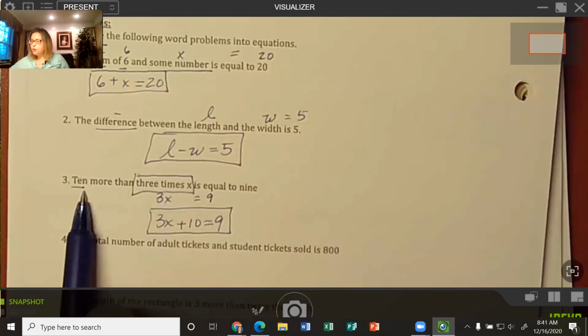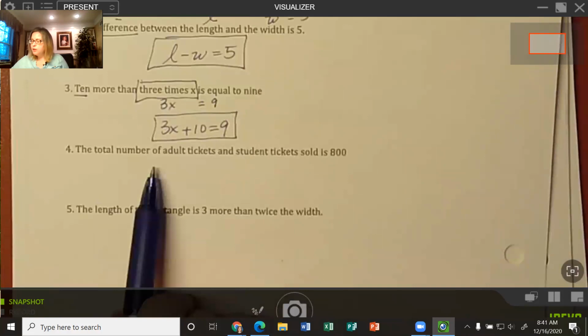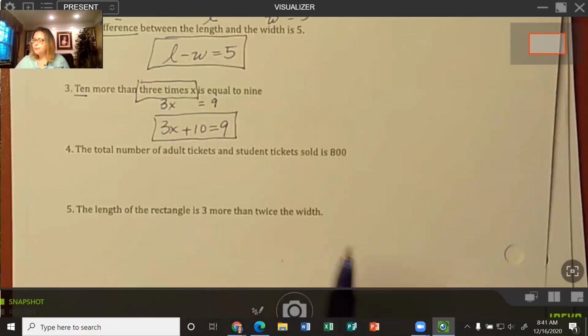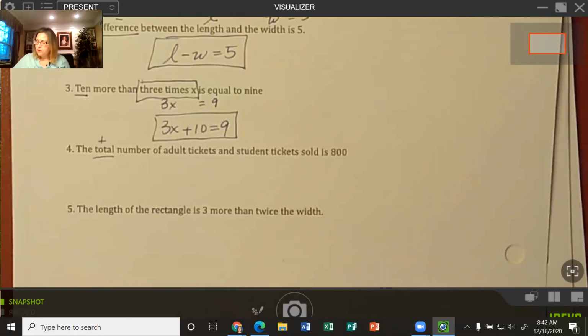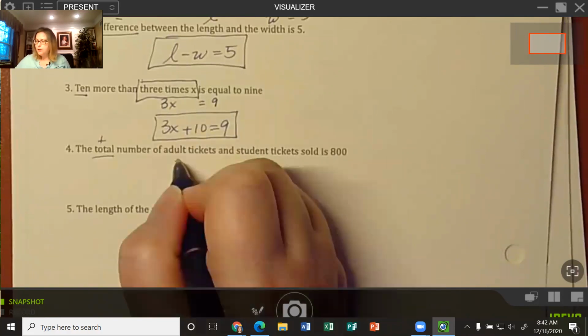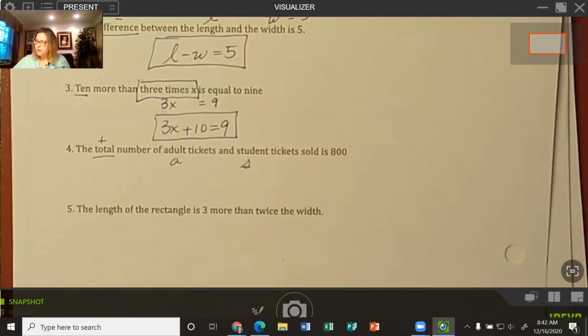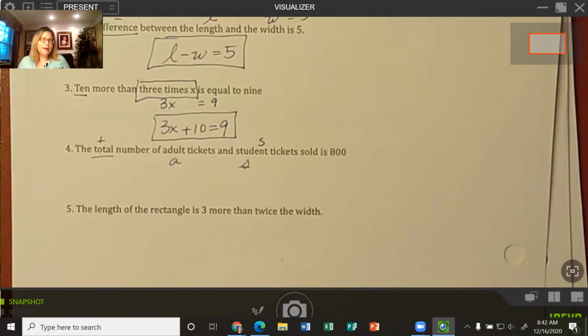All right. So number 4, the total number of adult tickets and student tickets sold is 800. So the total, when we see that word, it tells us that we're adding. So the total number of adult tickets we'll call A, and student tickets we'll call S. And I prefer to use a cursive S instead of print S, because sometimes the print S might look like a 5.